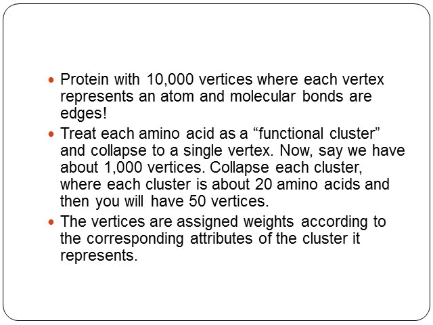This would reduce our original representation of the protein molecule from, say, 10,000 vertices to 1,000 vertices. If in turn we now cluster this network, where each cluster has about 20 amino acids, then we would reduce our network down to 50 vertices. And as we said before, we can maintain some of the information at each level by assigning the weights to the vertices that correspond to the attributes of the cluster.